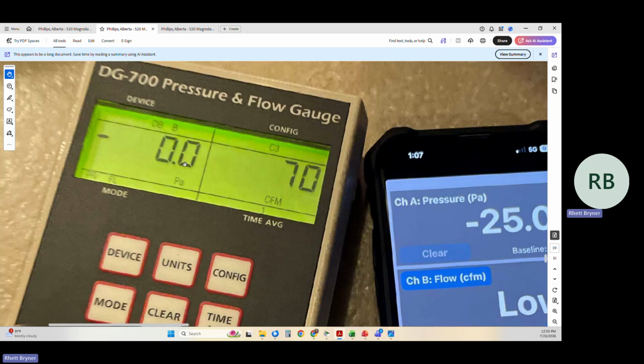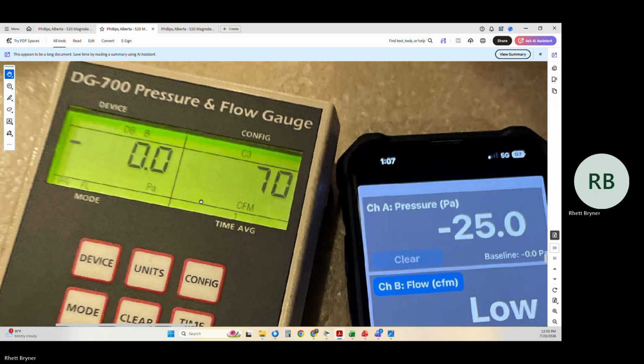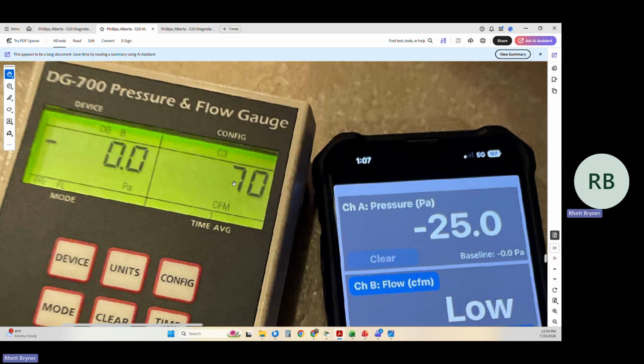And the duct is going to be at 0 pascals. I'm sorry, that's your reading inside the ductwork is going to be 0. Now your reading that you get here is with reference to outside. So this is actually going to be with the house set to -25 and the duct set to 0.